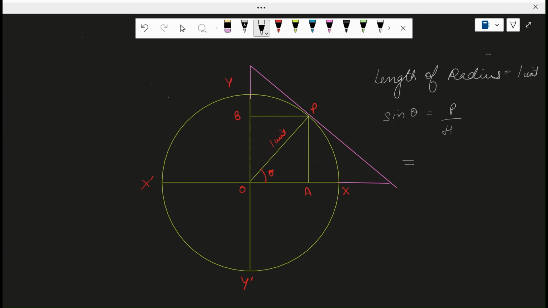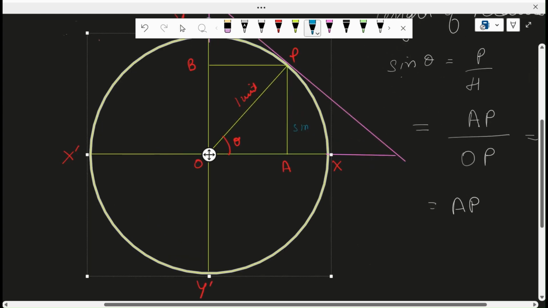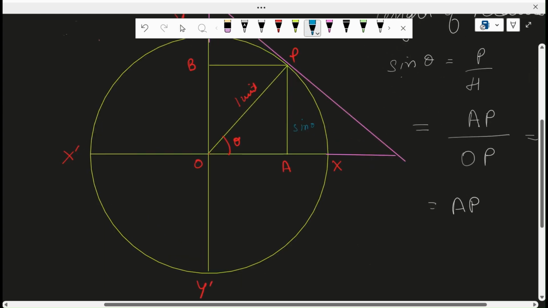The perpendicular in this particular diagram is AP. If we see triangle OAP, the hypotenuse is OP, and the length of OP is 1, so we simply get AP. So our length AP will be sine theta.